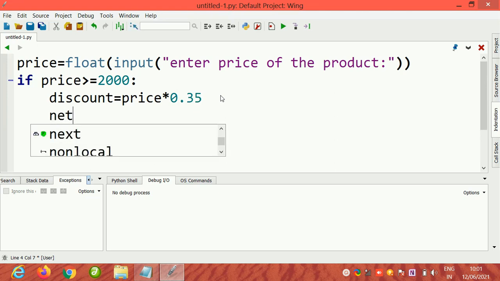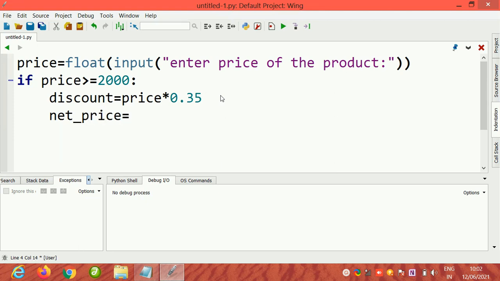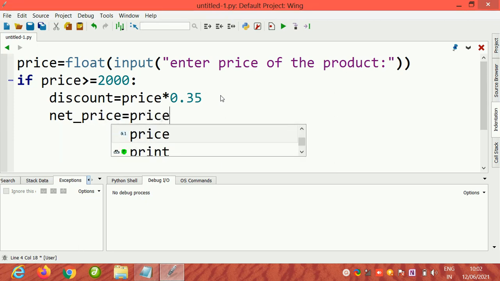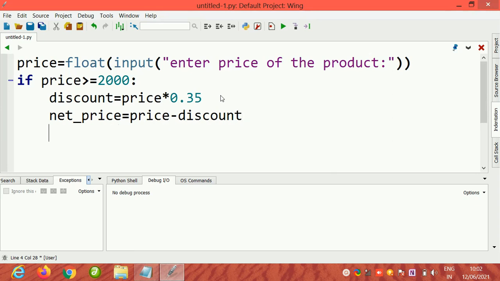Then your net price or net_price equals to price minus discount, or discounted price. So this is the if block.